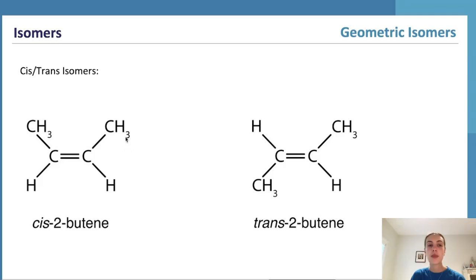So the cis isomers are going to have the carbon groups on the same side and the hydrogen groups on the same side, whereas the trans isomers are going to have the carbon groups on opposite sides and the hydrogen groups on opposite sides. And so these types of geometric isomers will only occur when there is a double bond within a molecule.